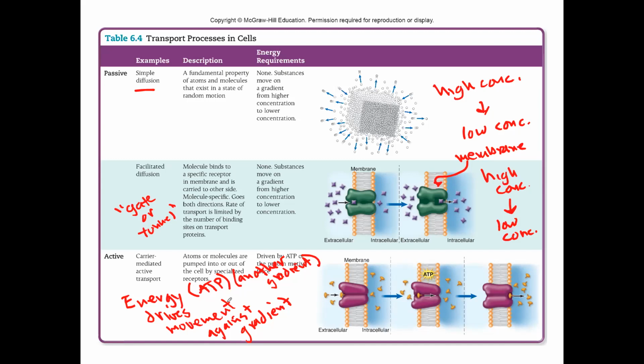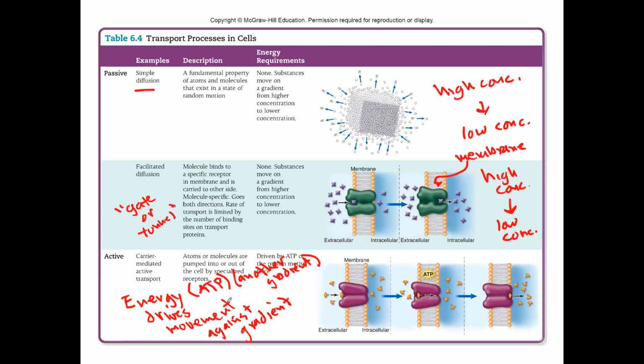So something you want to move in a direction it doesn't normally move can hitch a ride on a different gradient that does want to move in that direction and get pulled in or out of the cell. An example of this is how a lot of cells get sugar inside.